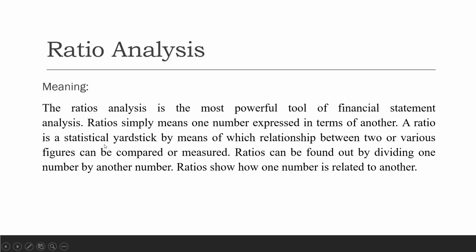A ratio is a statistical yardstick by which the relationship between two or various figures can be compared or measured. Ratio analysis is a tool of financial statement analysis which helps us understand the relation between two numbers and how those two numbers are related with each other. It shows one number with another and how the relation between them can be compared and measured.